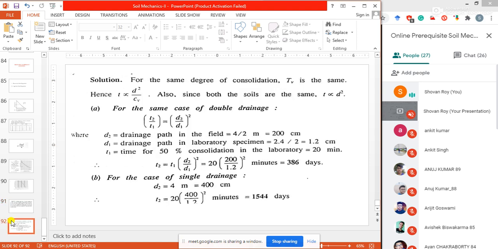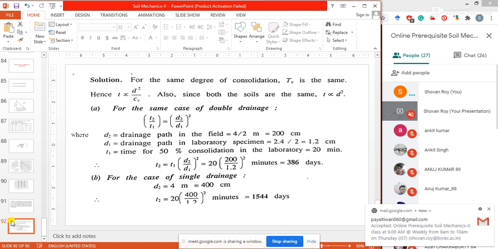For the same degree of consolidation, Tv is the same, time factor is the same, hence t is proportional to D square by Cv. Also, since both the soils are the same, time is proportional to depth D square.